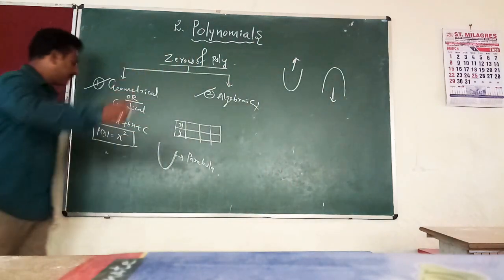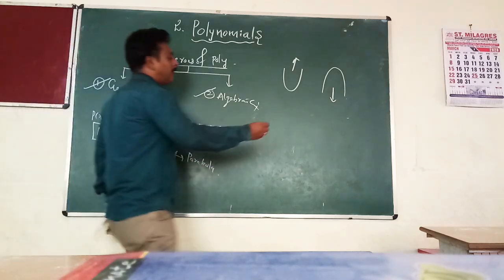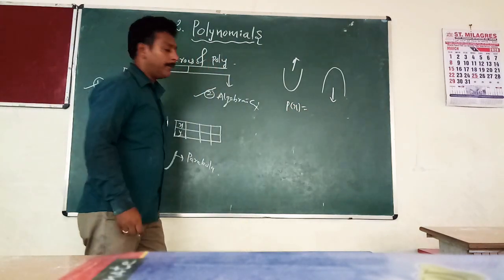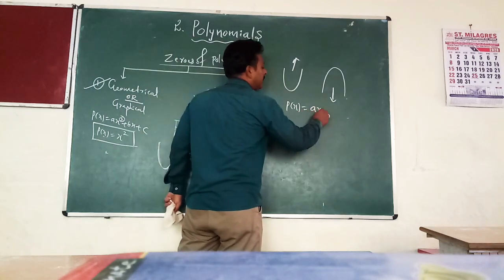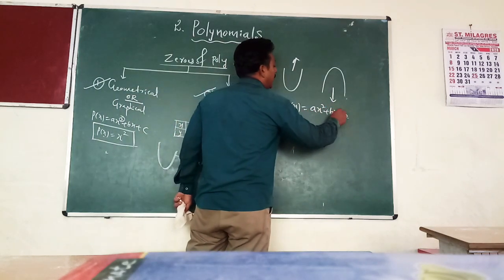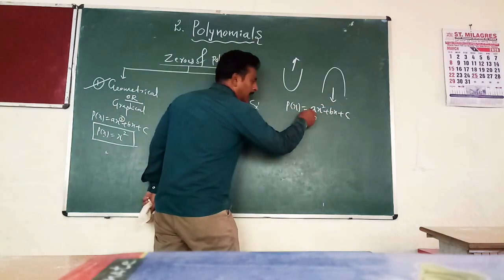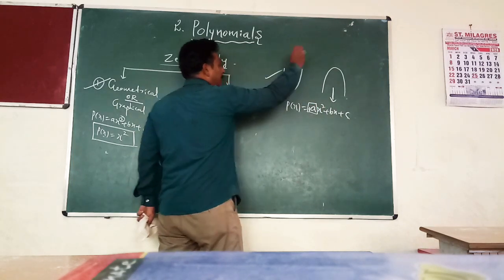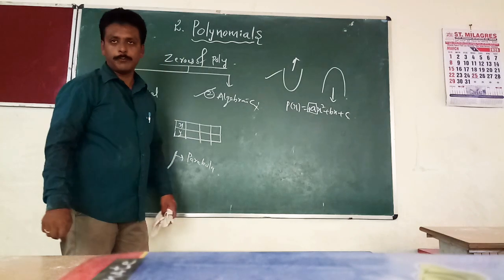For that, yesterday I wrote the general form of the quadratic polynomial: ax square plus bx plus c. Here the a, if it is plus, then you will get a parabola like this, opens upward.